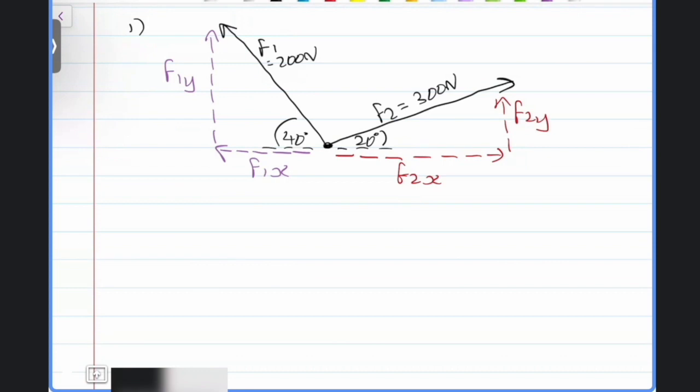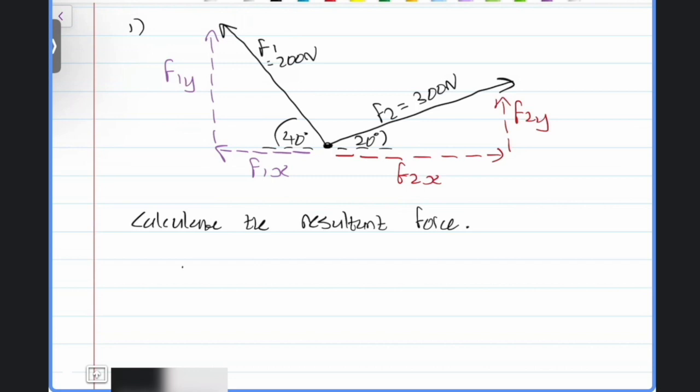Okay, so now what we're going to do is we are going to calculate the resultant force. Now, how do we do this resultant force? Very simple and very easy. We are going to be introduced to this concept called sum.